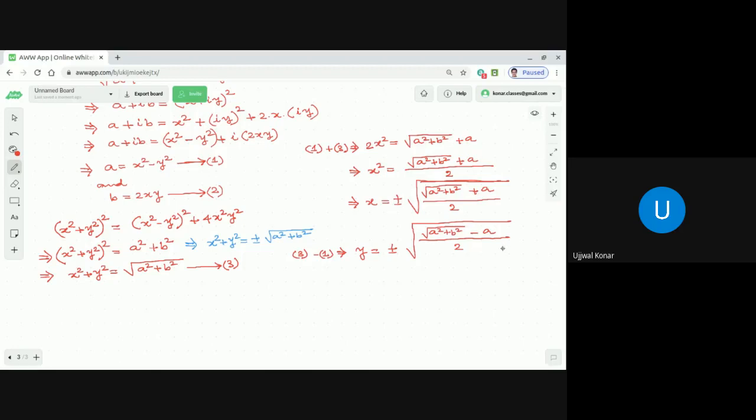So we get two values of x, plus minus, and two values of y.